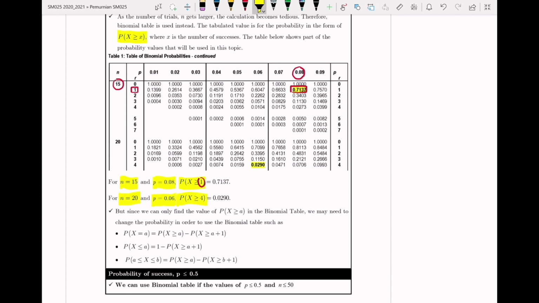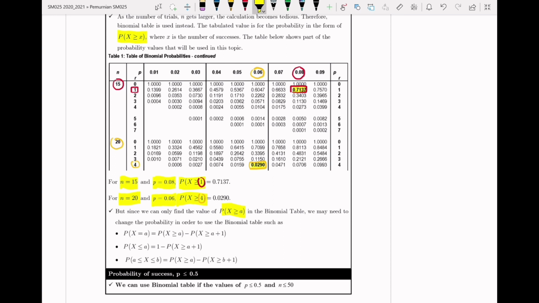So n equals 20, p equals 0.06, and we need to find greater than or equal to 4. The answer is 0.0290.